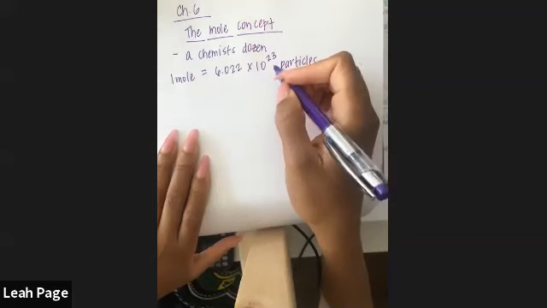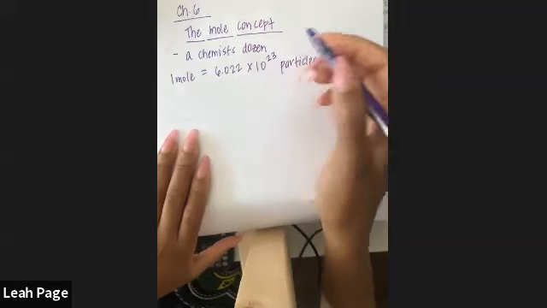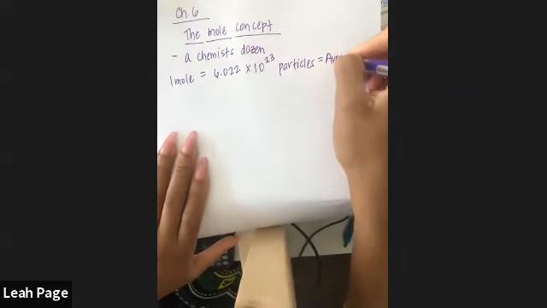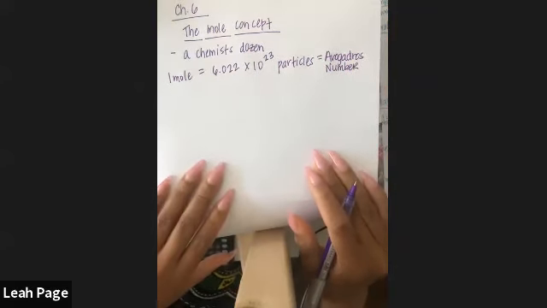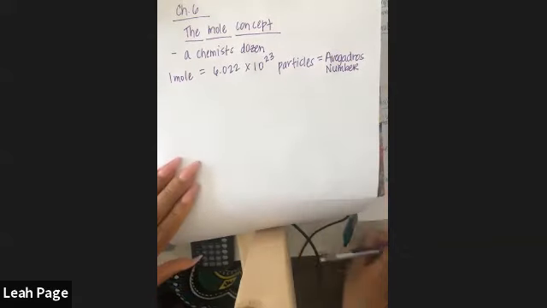We got a lot of zeros here. It's a huge number. And we call this number Avogadro's number. So we say Avogadro, it's not avocado, it's just Avogadro with a G.